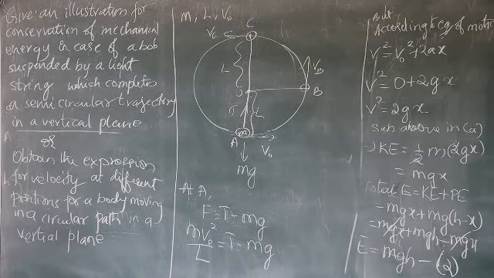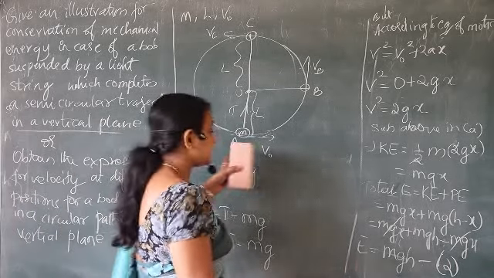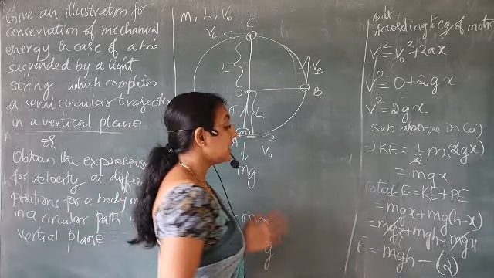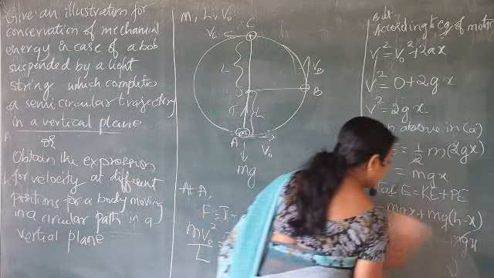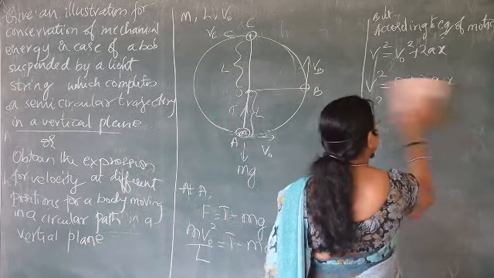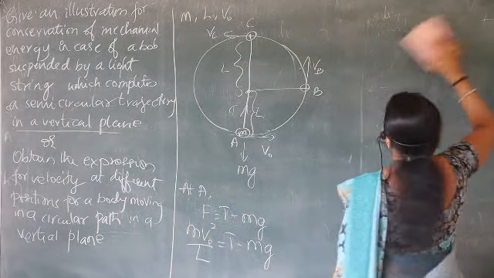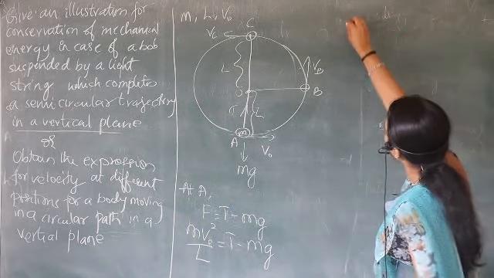One more. What is the total mechanical energy of the system? It is moving; we have given the velocity. So the total energy present at the point A is only due to the kinetic energy.